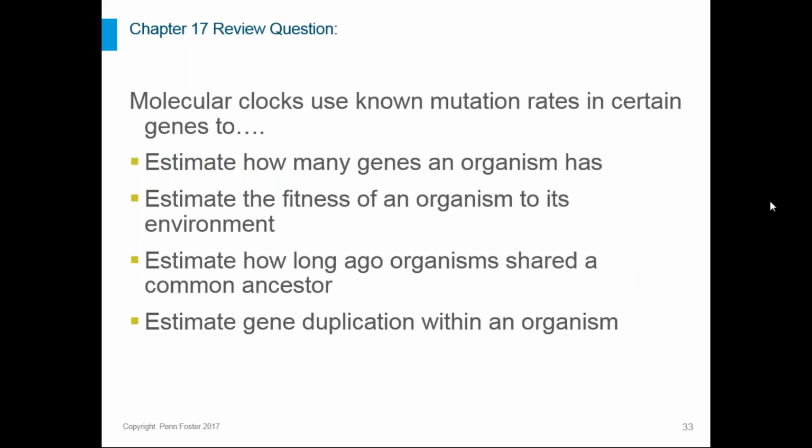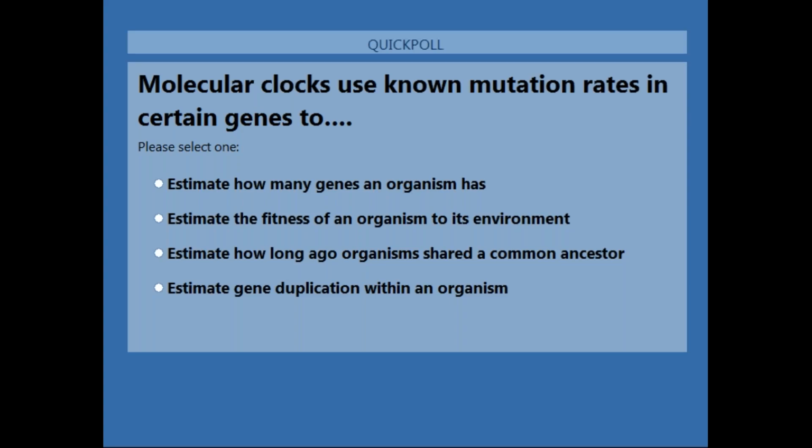So we have one more poll for you to answer, and then one more review question that's not a poll, it's just on the screen. Okay, so molecular clocks use known mutation rates in certain genes to do what? Give you about a minute to answer this poll.